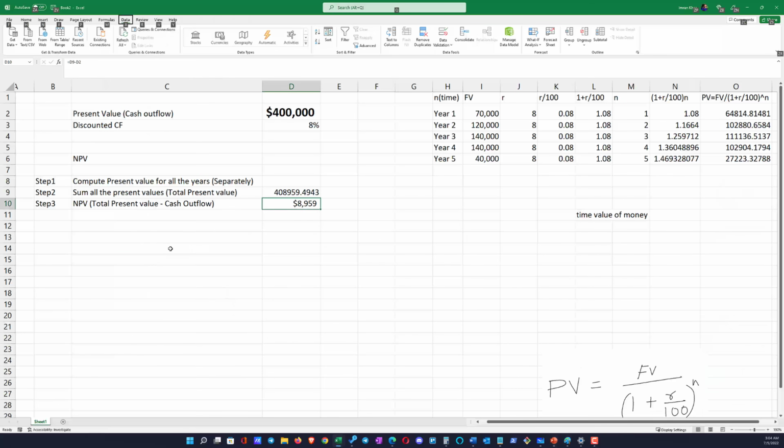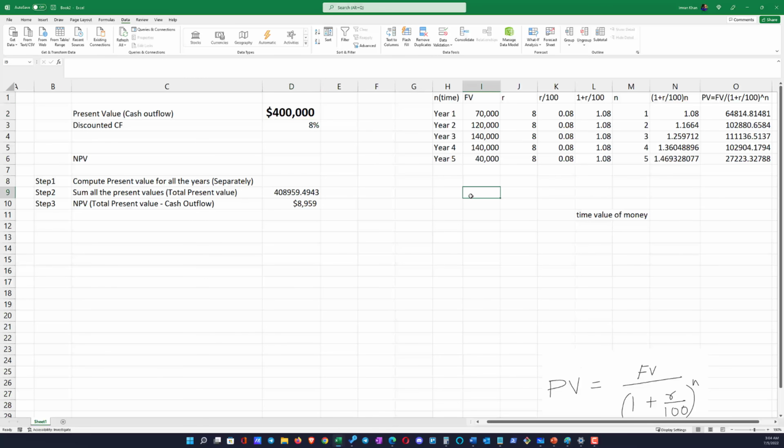What we have done in net present value, if you look at it carefully, is take all the future values, compute the present value for all these years, and then sum it up. Some people may think, why are we even doing this? Why can't we just sum these numbers up and subtract from here?